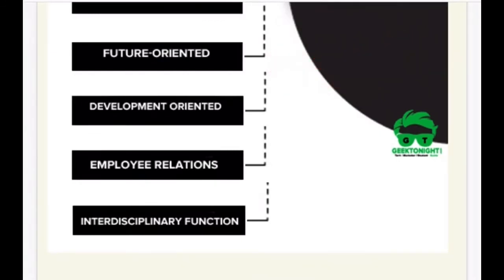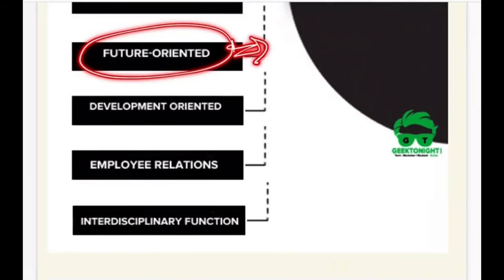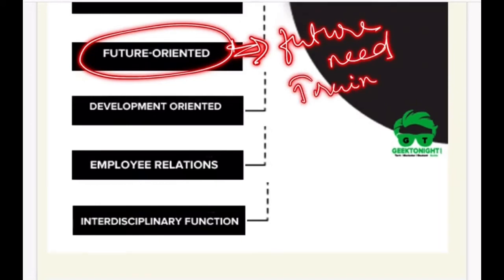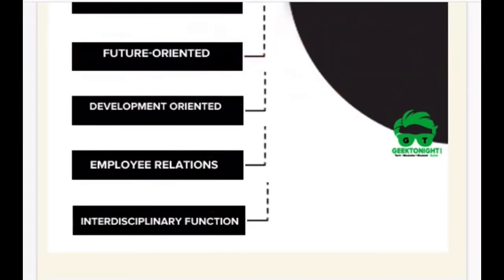HRM scans the environment and makes the organization realize what the future need is. We will train people based on the future need. So it is called people oriented, then development oriented.